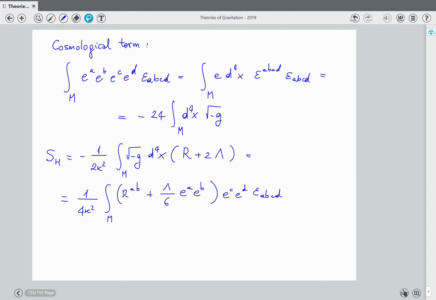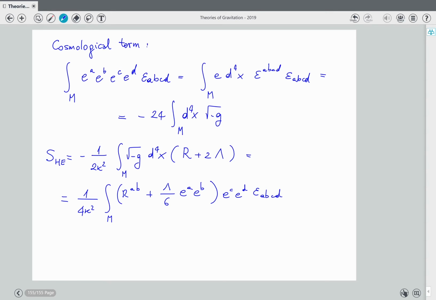Let's see, lambda divided by 6 means lambda divided by 24k squared, but that means minus 1 over k squared, which is okay because here you have minus 1 over 2k squared, plus here you have plus 2. So that is a way to write the, let's call it Hilbert-Einstein action.